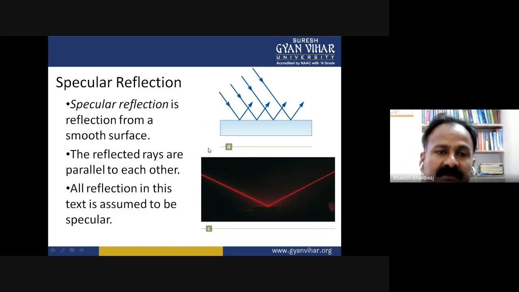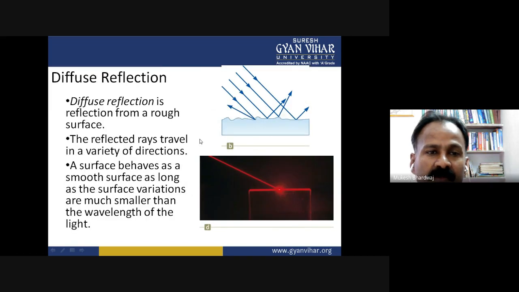Specular reflection. Specular reflection is a reflection from a smooth surface. The reflected rays are parallel to each other. All reflection in this text is assumed to be specular. Diffuse reflection.